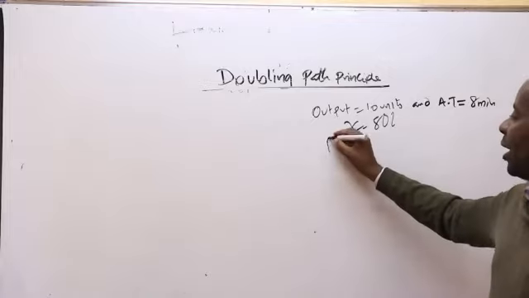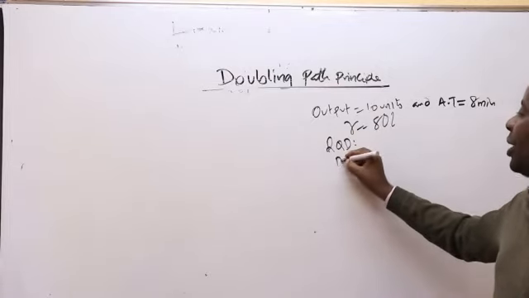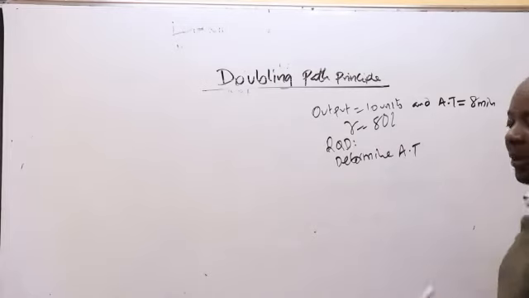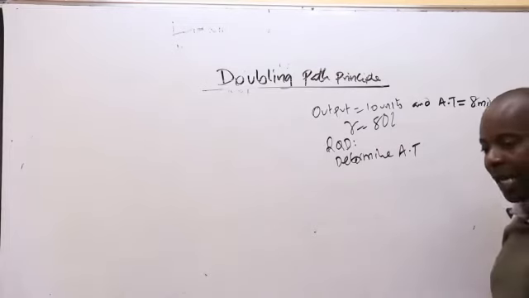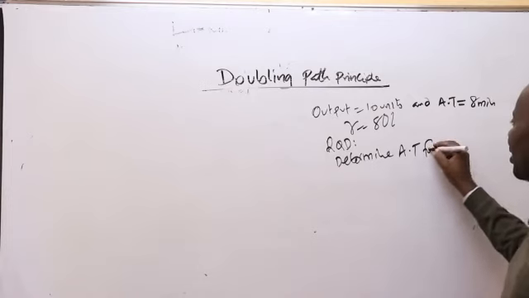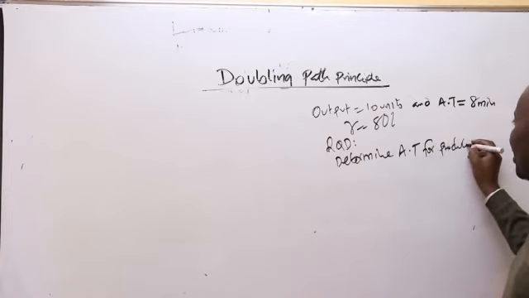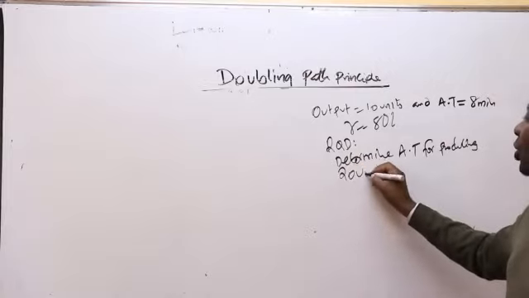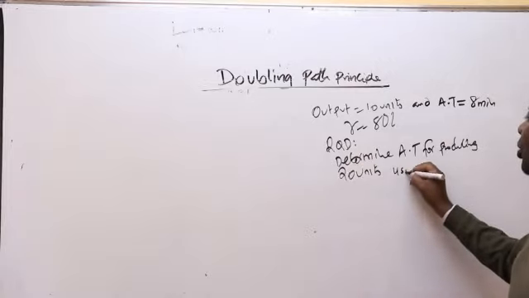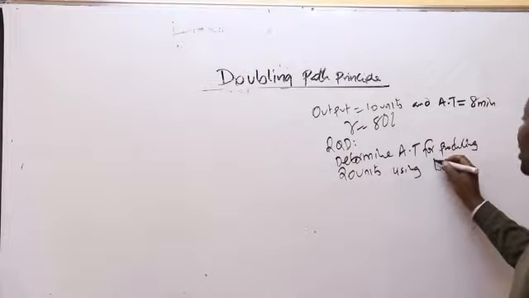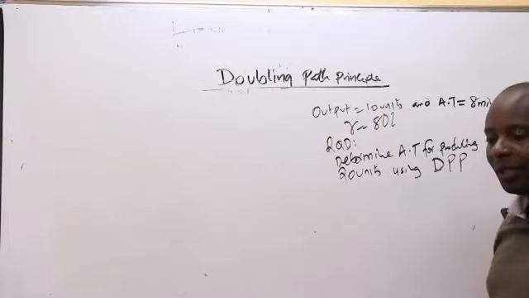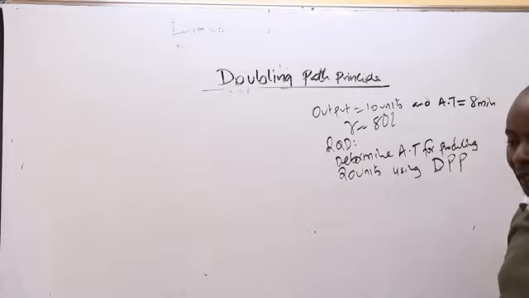We are required to determine the average time for producing 20 units using the doubling path principle.